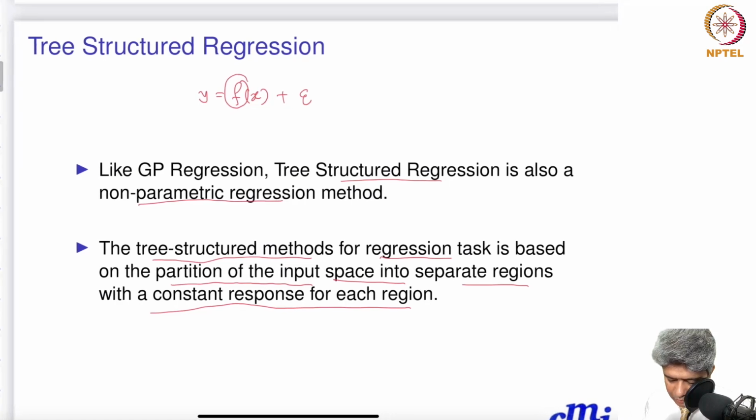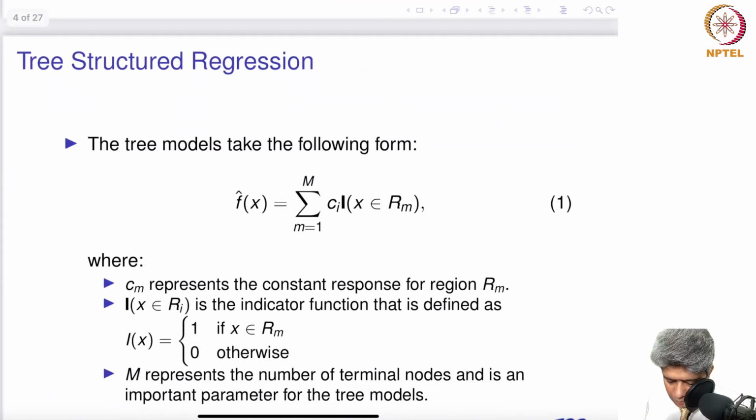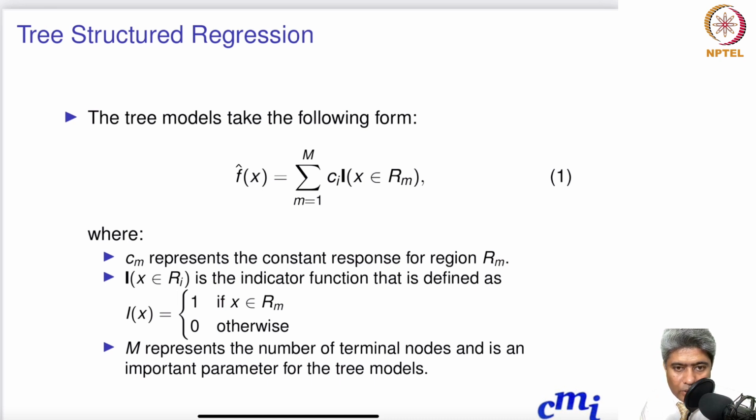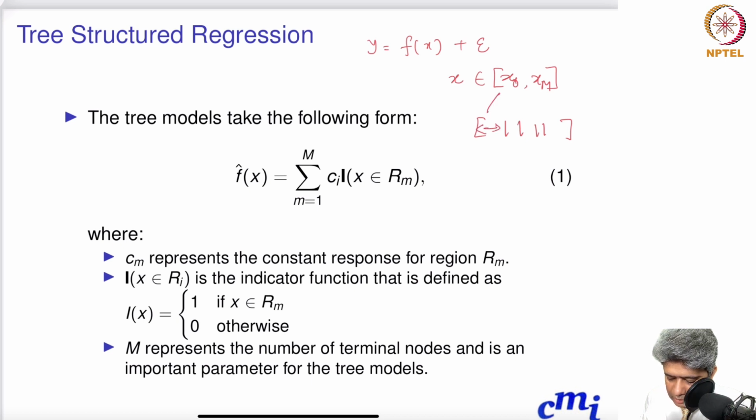Typically you have y equal to f of x plus epsilon, and x belongs to some space, maybe x1 to x big M. Then you partition x into different parts, and for each partition you come up with an estimate for y.